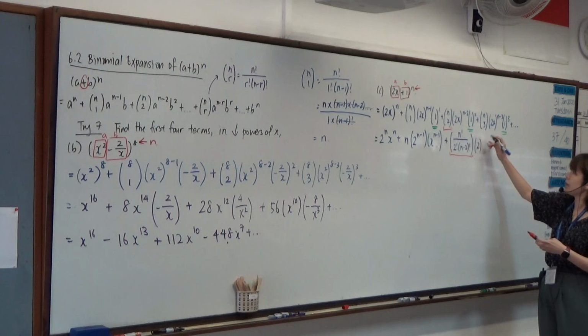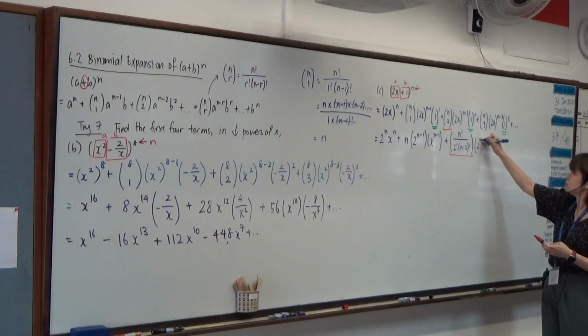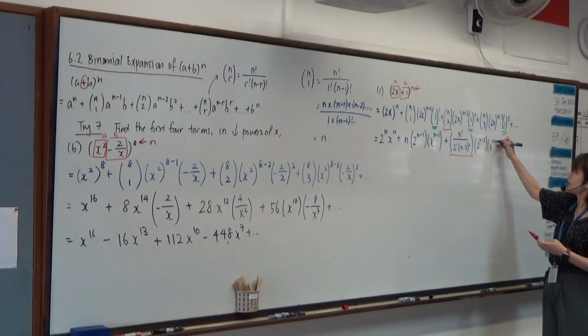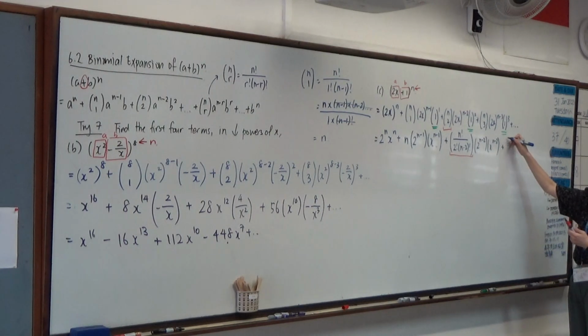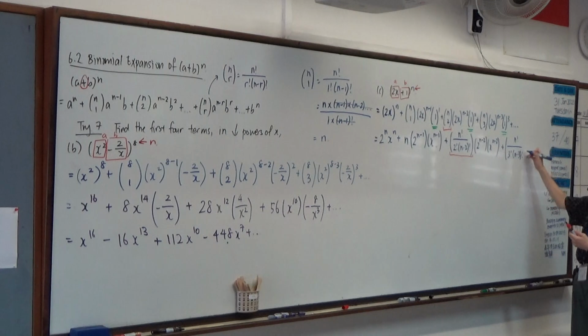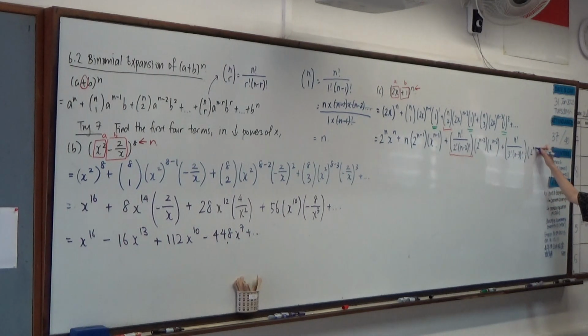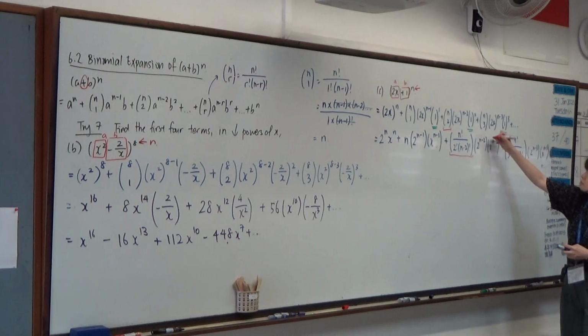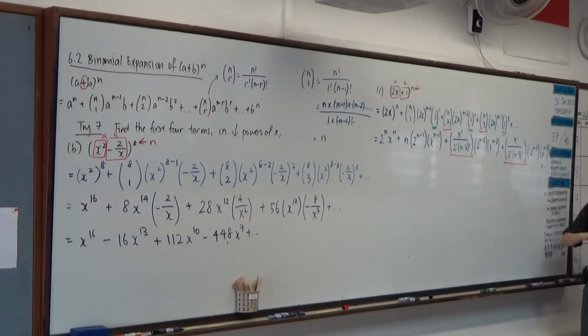And then we have 2 to the power n minus 2 and x power n minus 2. At this juncture, I want you to really follow through this from that first step to the next step. Any questions so far?